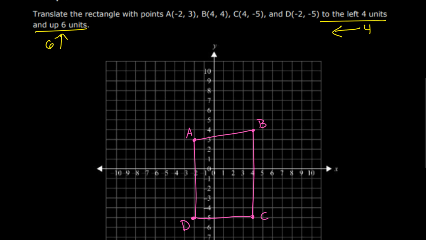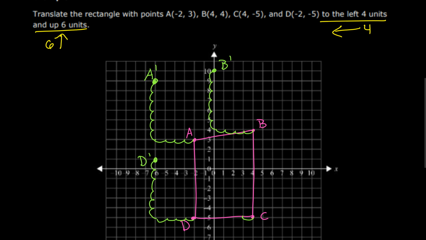So just to check, I am now going to translate this just to make sure you did it right. So you count 4 to the left. I like to do swoops. And 6 up. You don't have to. I just like them. And then we're going to label this with what? A prime. B prime.